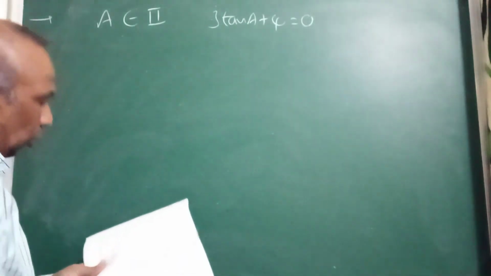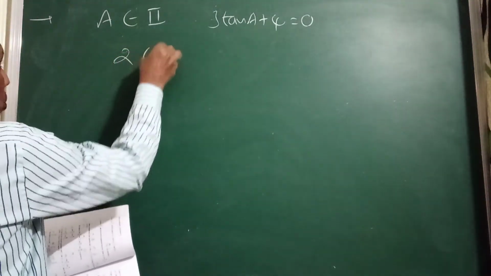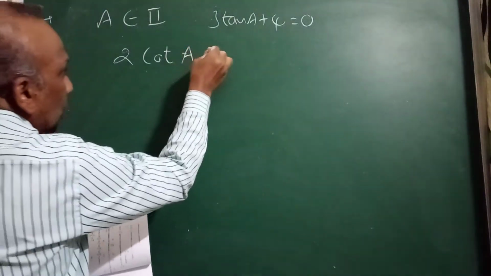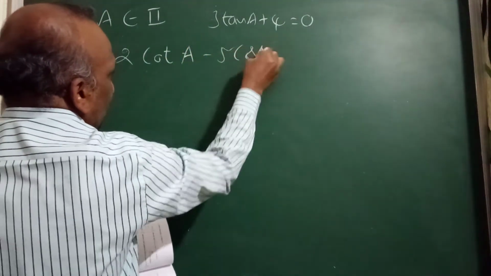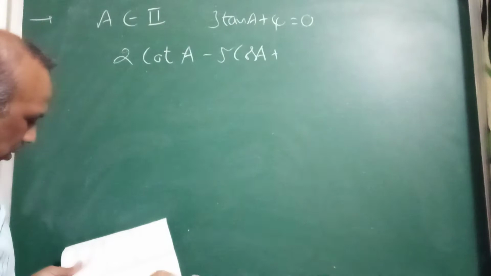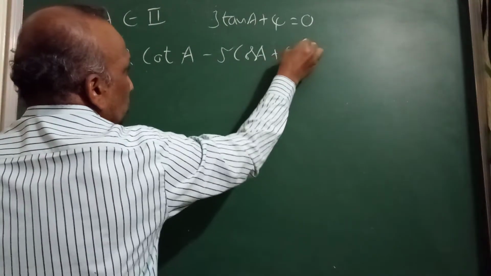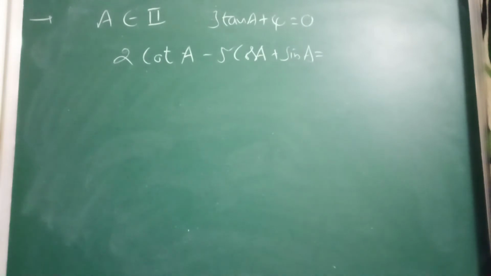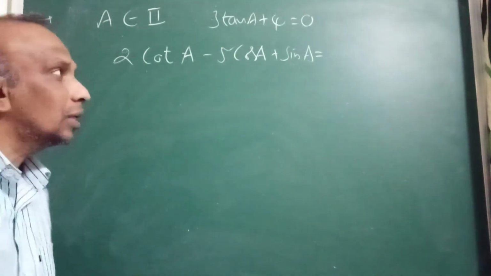Then the value of (2 cot A minus 5 cos A) by (5 cos A plus sin A), they are asking this value. You can observe here, this value they are asking.